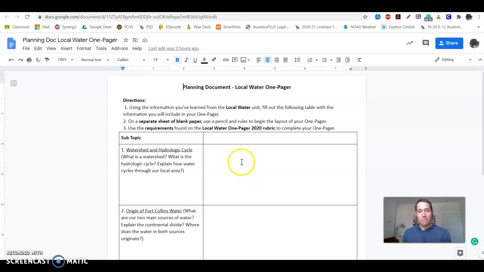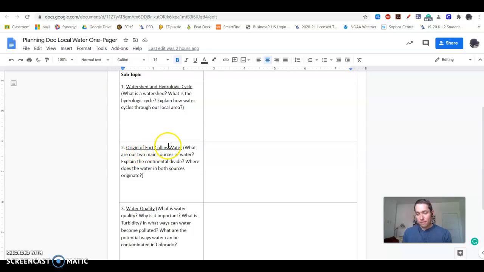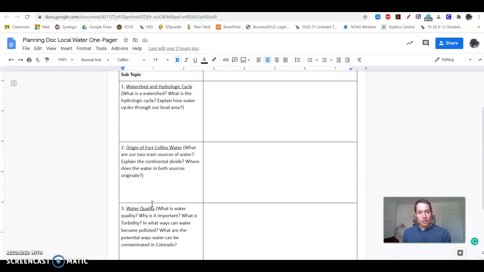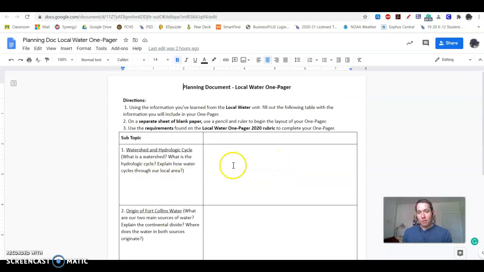So your first step is to look through these subtopics, which correspond directly to the weeks that we've been learning, right? So watershed and hydrologic cycle, origin of Fort Collins water, water quality, and then wildfires and water. And you're going to go through and fill out this table, okay?